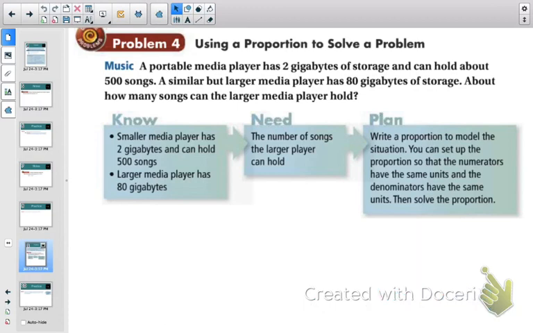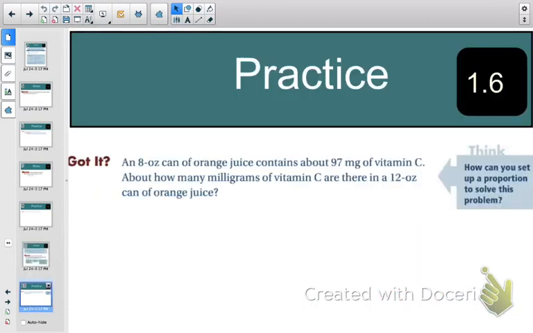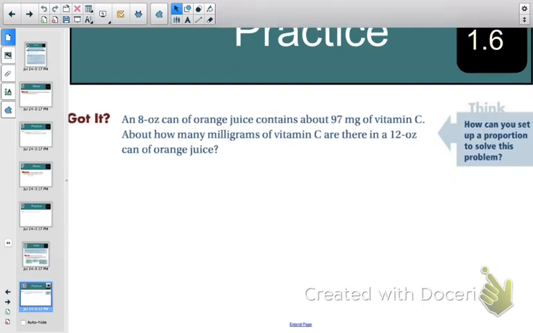Next one, last one. I'm going to let you practice this. This is an 8-ounce can of orange juice containing about 97 milligrams of vitamin C. About how many milligrams of vitamin C are there in a 12-ounce can of orange juice? Set up the proportion to solve this. If you don't want me to spoil the answer for you, you can pause this right now.